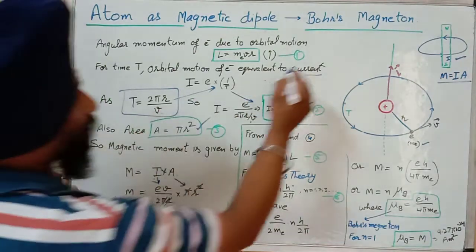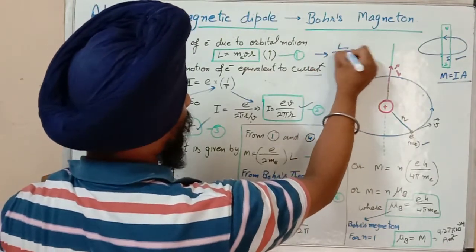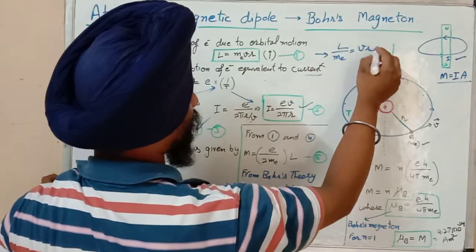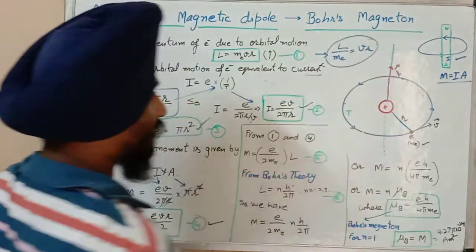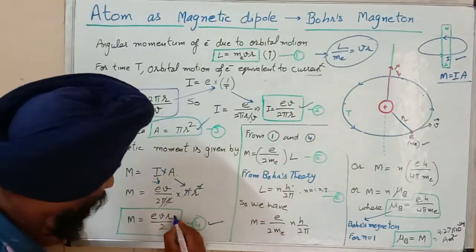Now from equation number 1, by rearranging this we get L upon me equal to vr. Clear? Now put this value of vr in equation number 4.